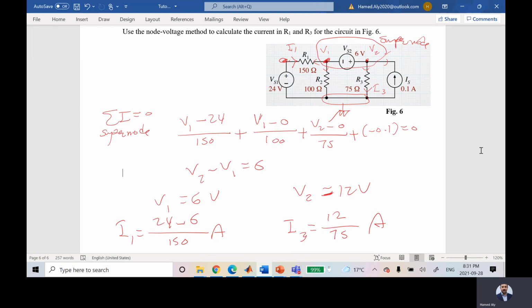But pay your attention, for the node voltage method there are some things. Pay your attention to the supernodes. Pay your attention to the nodes that have a given voltage; no need to start writing equations for those nodes. That's it for the supernode and for the node voltage method.